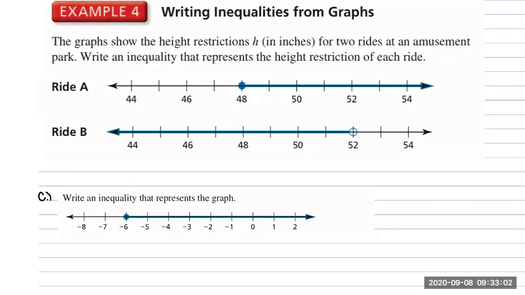So for ride A, we're at 48. We're going to write down that 48. It includes the 48, so we're going to have a line underneath that inequality sign. That line runs to the right, so our sign's going to point to the right, and then we're just going to put our variable down. So we're going to have h is greater than or equal to 48.